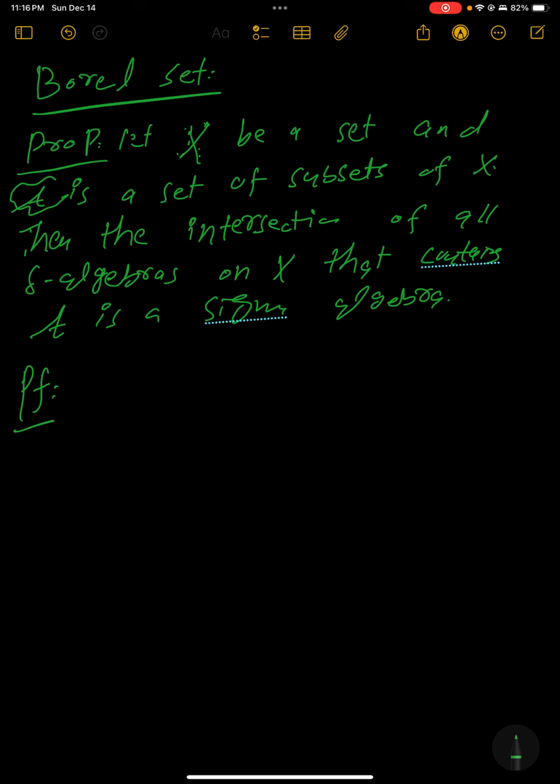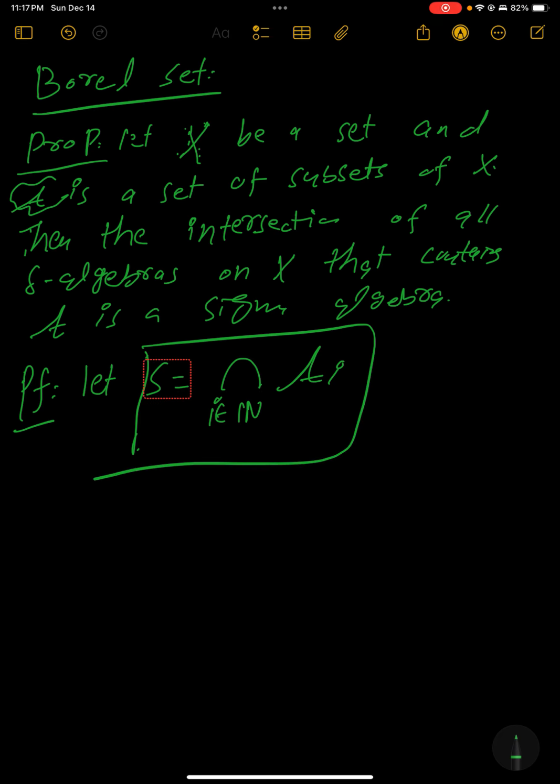Okay, so the proof: let S be equal to the intersection of A_i for i belonging to some index set, while each A_i is a sigma algebra. So we need to show that this S, which is the intersection of all those sigma algebras, is a sigma algebra.